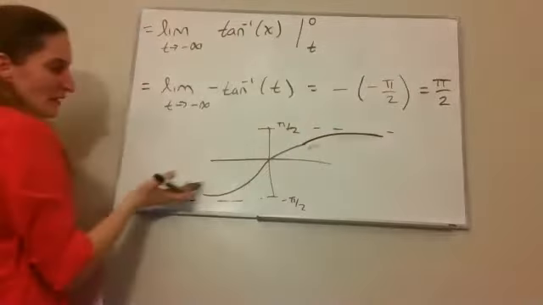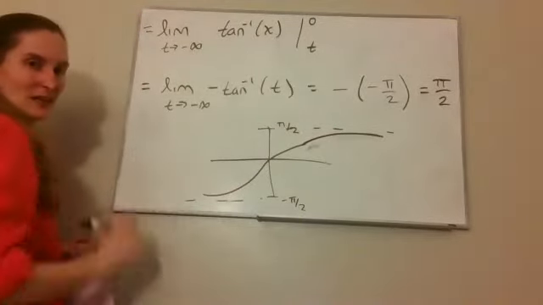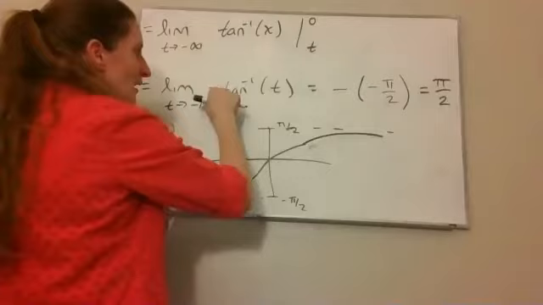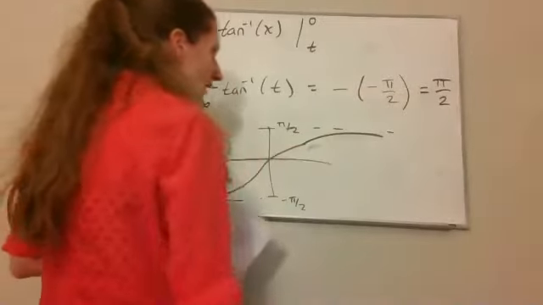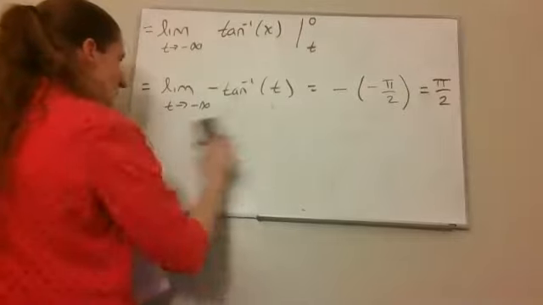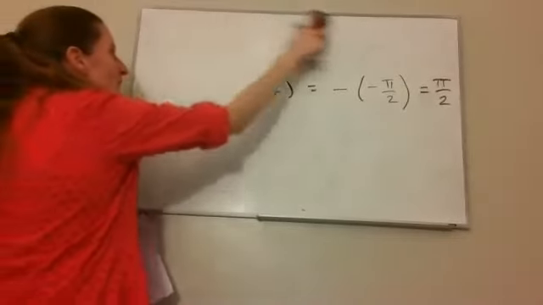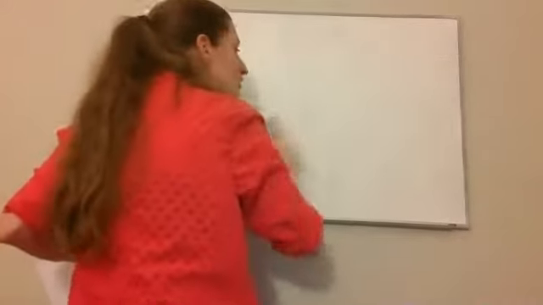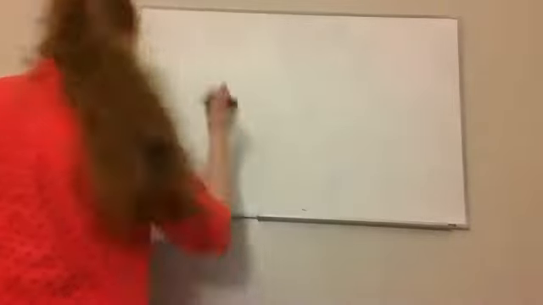So we were talking about the limit to negative infinity. That would be that negative pi over 2, but I had a negative in front of it, so I got pi over 2 for that improper integral. So I got the first improper integral converged, and it converged to pi over 2.